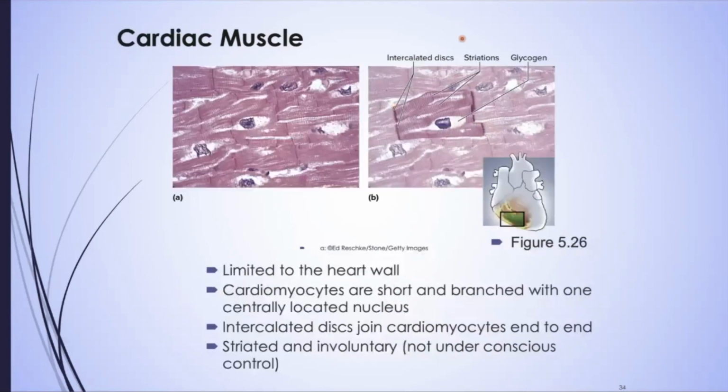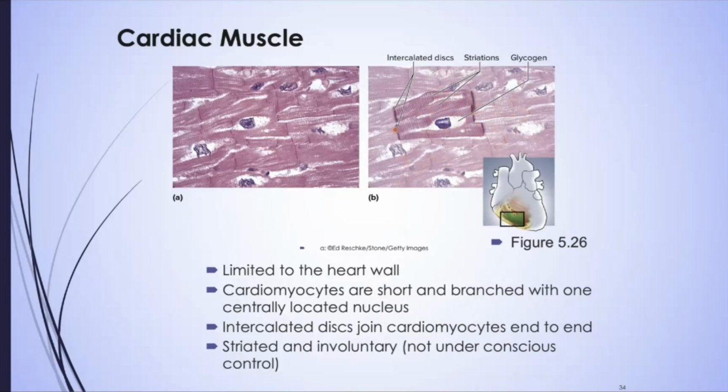Your cardiac muscle has these branchings. You can see it branches off, so it looks like a Y connecting to another Y. And then you have these little connections in between. There's one connection here, they kind of cut it off here, there's a connection here. So they are randomly placed.